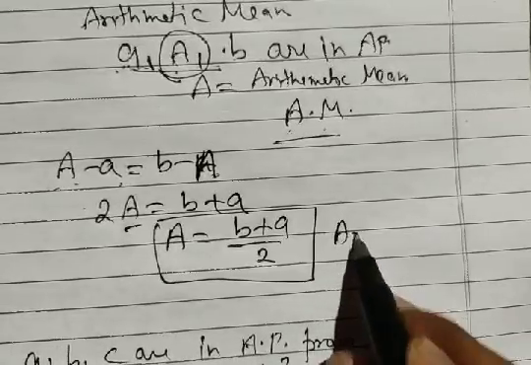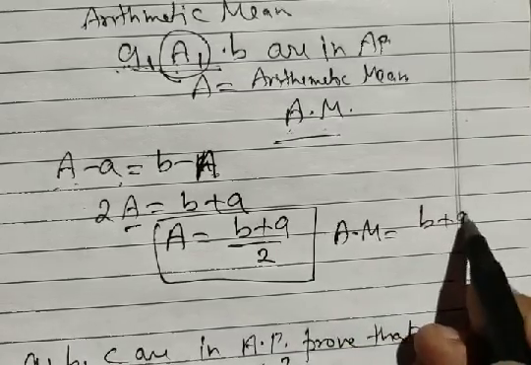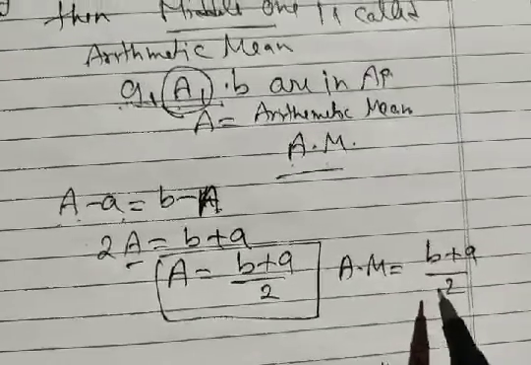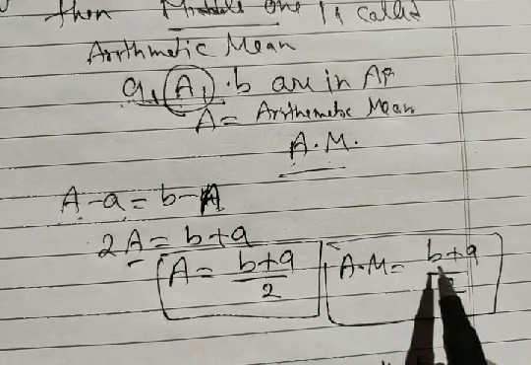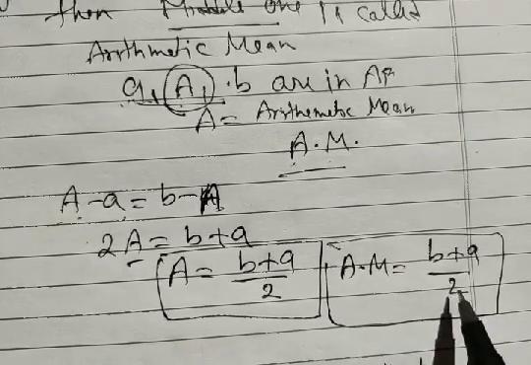That means our arithmetic mean is equal to (A plus B) by 2. Whenever we want to find the arithmetic mean of any 2 numbers, we add the 2 numbers and divide by 2. It's just like an average.